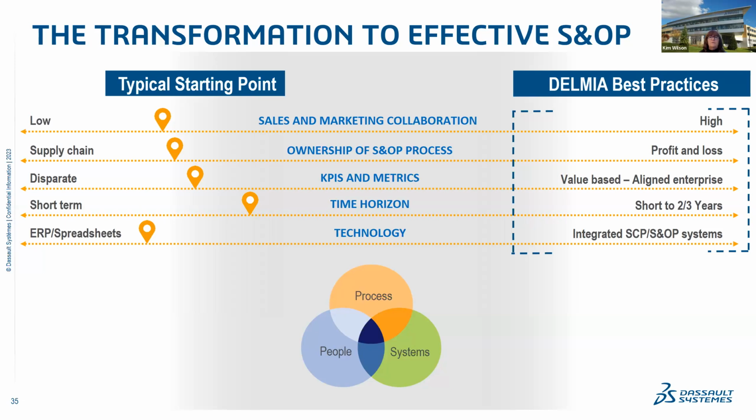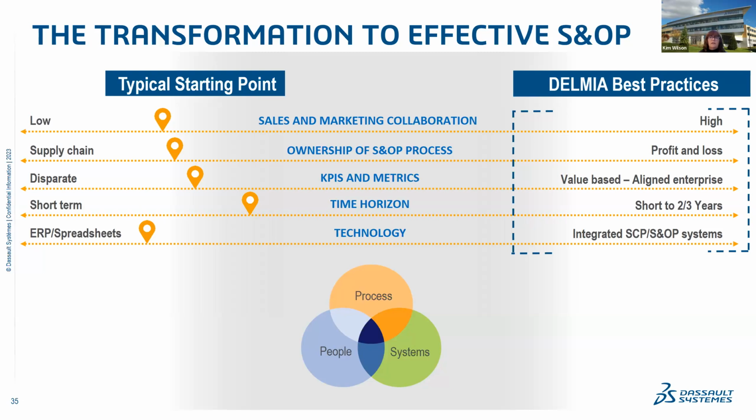And then as we look at time horizon, realistically, if you're doing this manually, you can potentially do short term if your system isn't too complex, but it's very difficult to do that in the longer term. But you can do that if you adopt an AI-based optimization engine. And finally, from a technology perspective, most companies are starting with spreadsheets or a basic ERP.